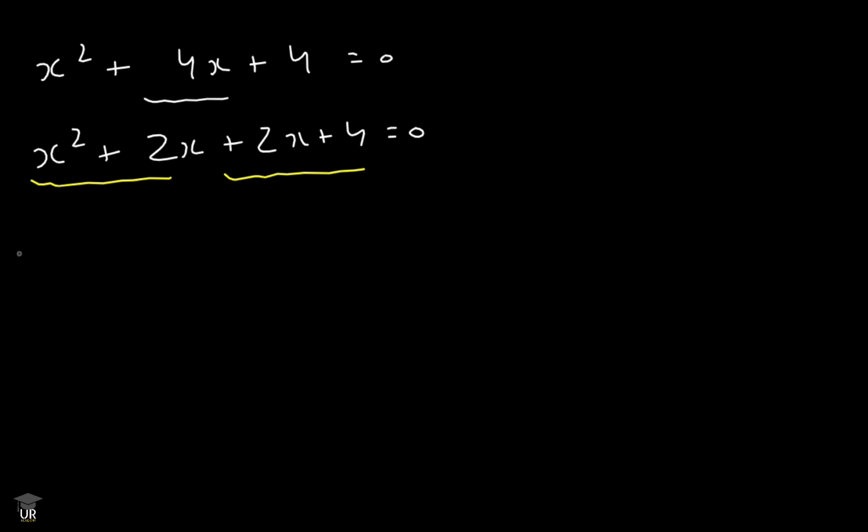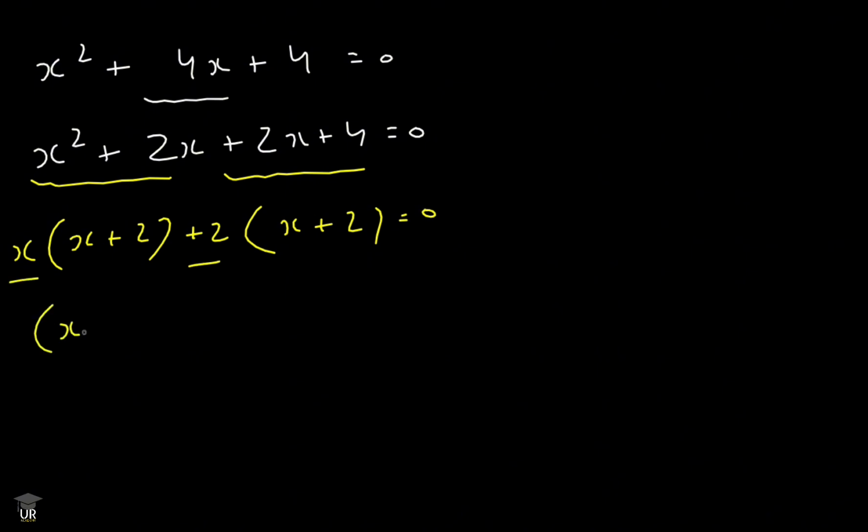So the common will be x, and we will get x plus 2 here, and again in this case the common is going to be plus 2, and we will get x plus 2 here. So one factor is x plus 2 and the other factor is also x plus 2 is equal to 0.